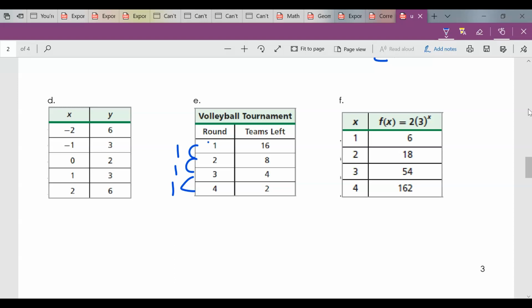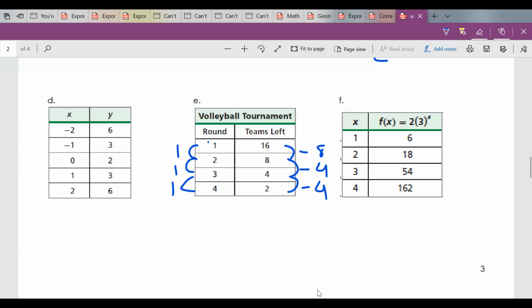And I'm going to try and decide, do I want to add or subtract? So let's check it out. If I go from 16 to 8, that would be -8. If I go from 8 to 4, it'd be -4. I already know it's not linear because these two are not the same. Then I go down 2.